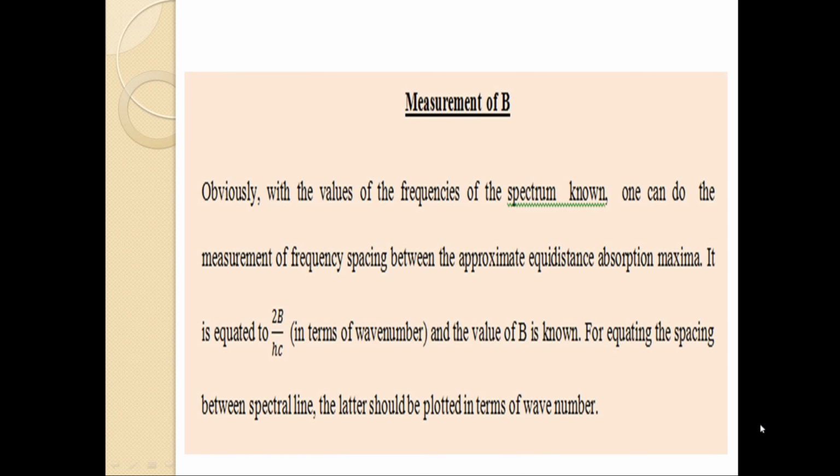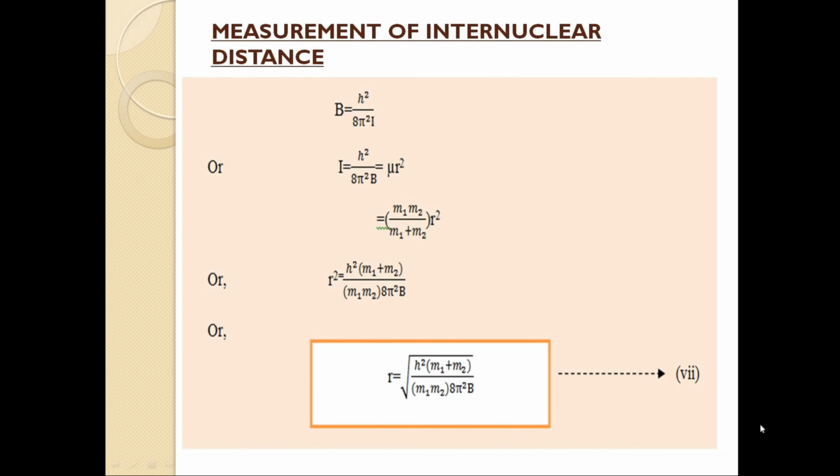Obviously, with the values of the frequency of the spectrum known, one can measure the frequency spacing between the approximately equidistant absorption maxima. It is equated to 2B by hc in terms of wave number and the value of B. For equating the spacing between spectral lines, the latter should be plotted in terms of wave number. So that is the difference I have just shown.